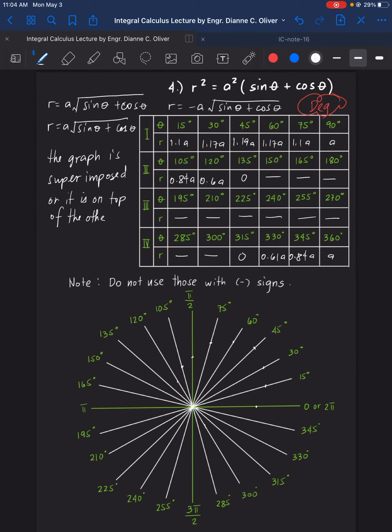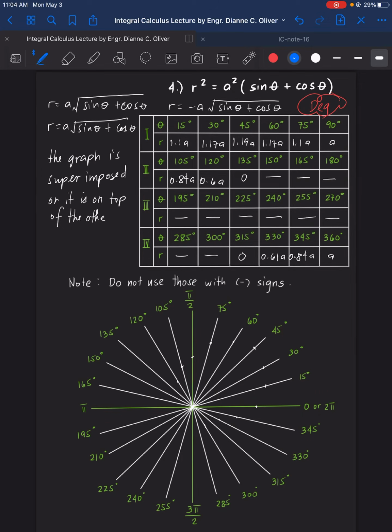330 is 0.61, and then 345 is 0.84. Sorry, I'm putting it on the wrong one. So 315, 330 is 0.61, 345 is 0.84.